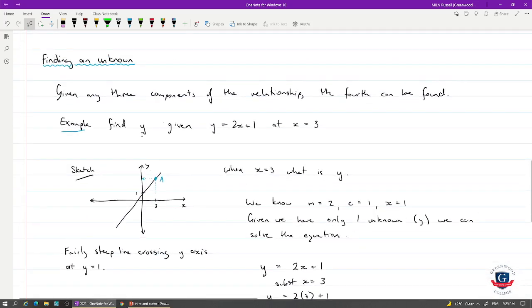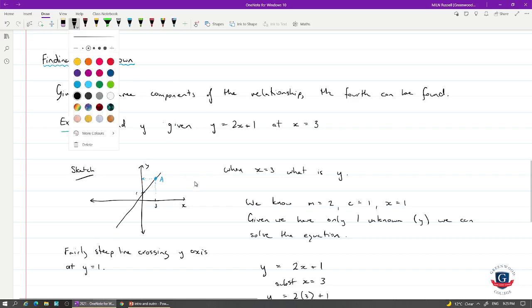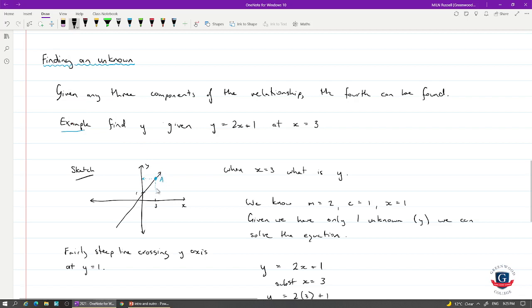So, we might want to know what's the y coordinate of a point on this line here. If we have this line here, and we know that we want the y value if x is 3, and the equation of this line was y equals 2x plus 1, what would this y value be?